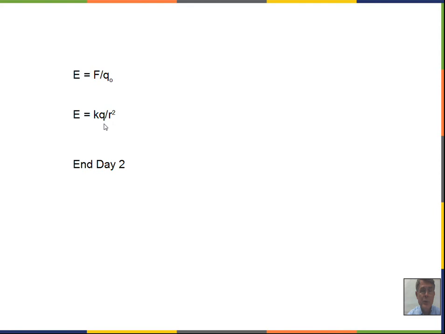So this Q is creating the electric field value. It would be the charge at the center. We want to know the electric field at some place, some distance away. kQ over r squared would provide that. So practice with those. Ask your instructor questions on calculating electric field and making drawings of electric field lines.